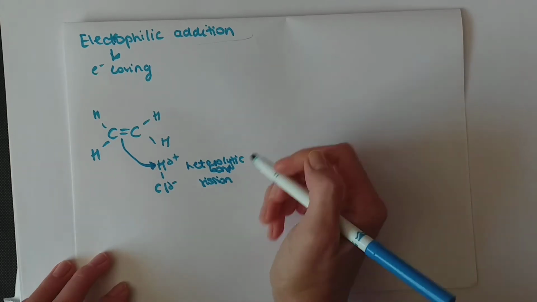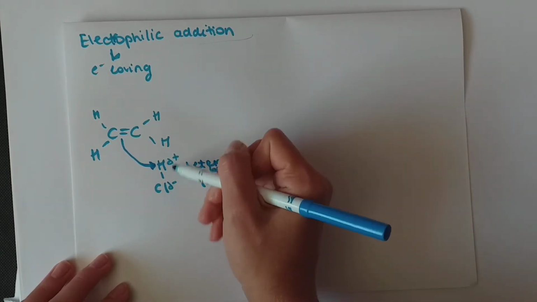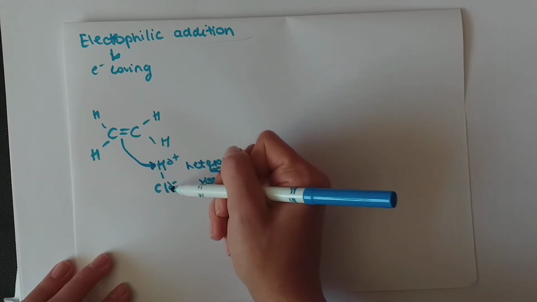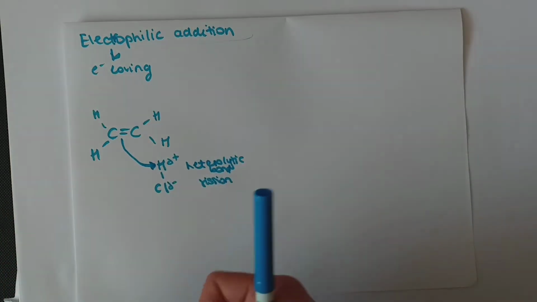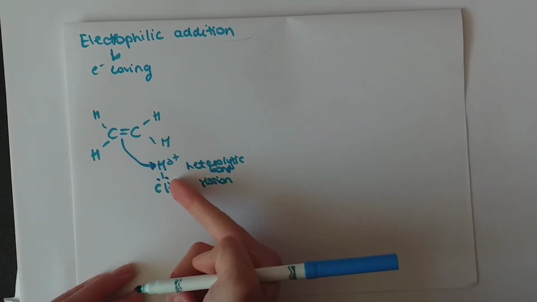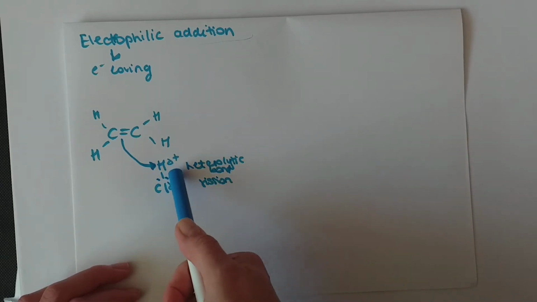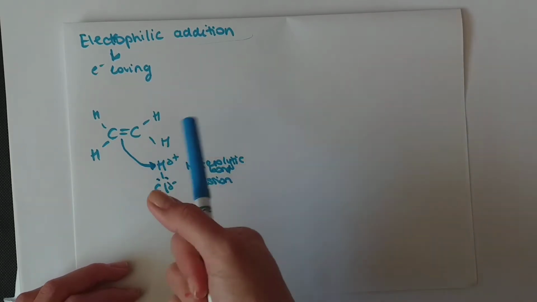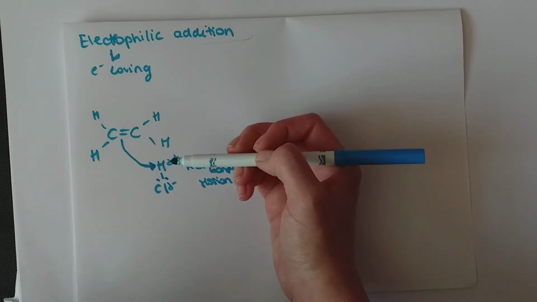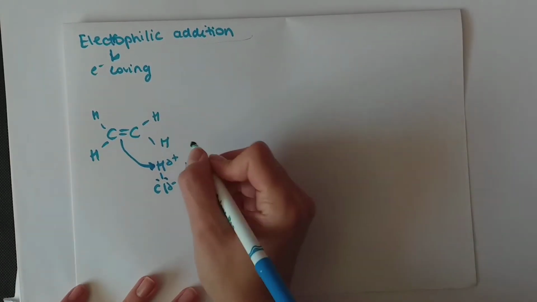Heterolytic bond fission means that one of the elements gets more electrons than the other. In this instance, chlorine is more electronegative. It gets a greater share of these electrons, and I'm going to show this greater share. Hydrogen becomes slightly positive. It wants to gain these electrons, so it's gaining them from the double bond. I think that makes sense now.